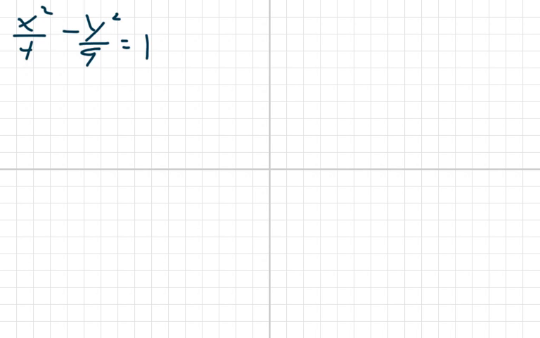Alright, for this next problem, our center is going to be at 0, 0, because there is no h or k, or there is, they're just 0. We just don't have to write them down. And we're going to go out 2, and 3 up and 3 down, because the square root of 4 and the square root of 9.